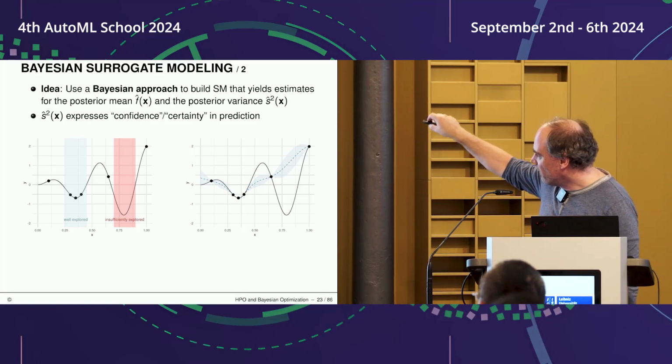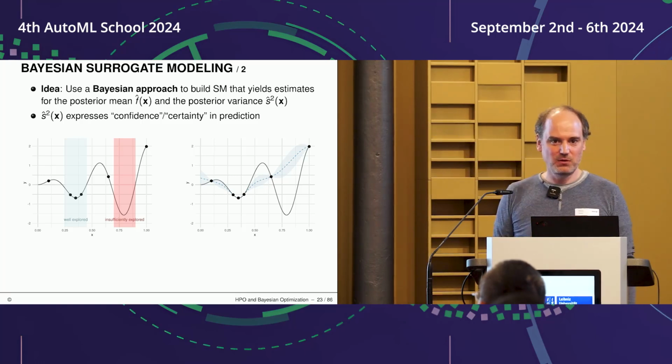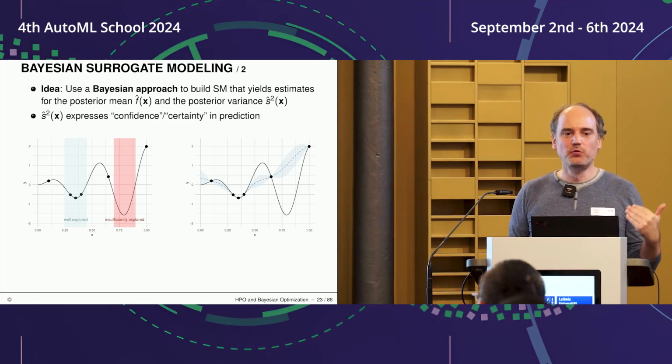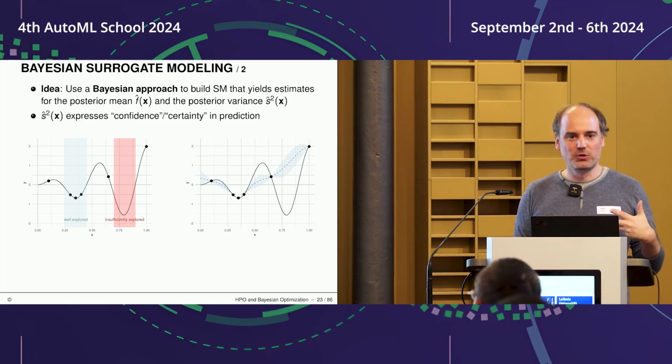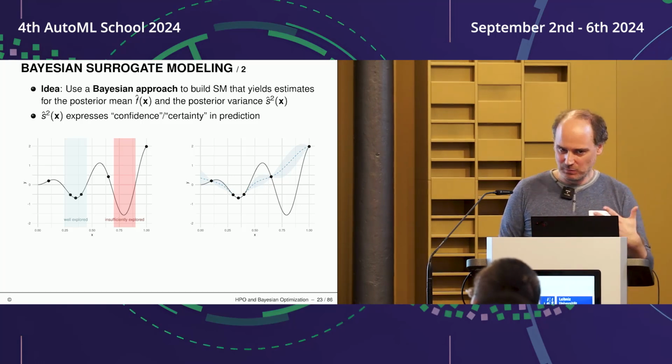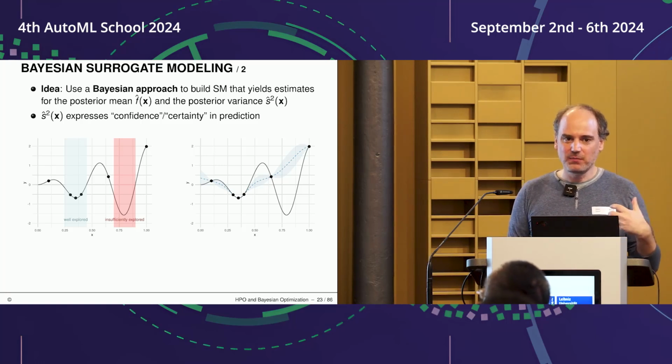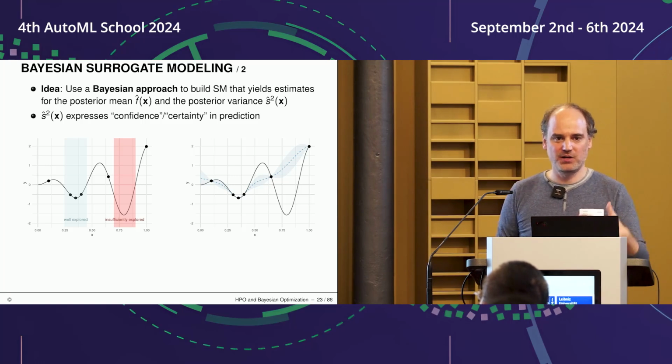So there are confidence bounds around this thing here, okay? And the confidence bounds get larger the further we move away from evaluated points, okay? So we would actually like to use a surrogate model that behaves like that. So the less we have seen in the area, the less confident we are in our prediction. Yeah?